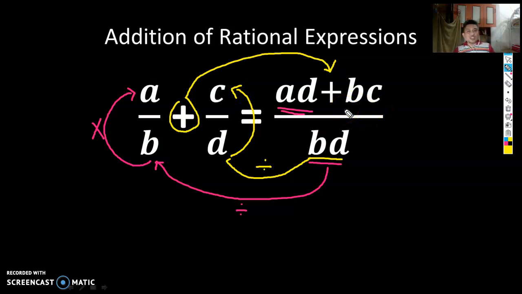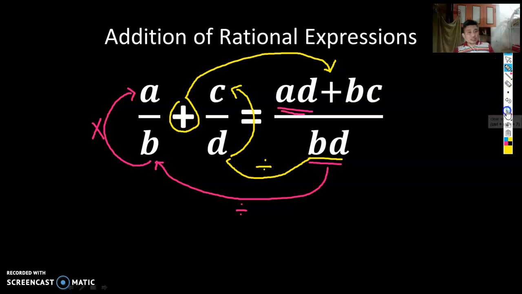Do not forget, the answer is AD plus BC all over BD. Do not forget that when we multiply variables, the answer should be arranged alphabetically so that it is easier to identify, although that's general.